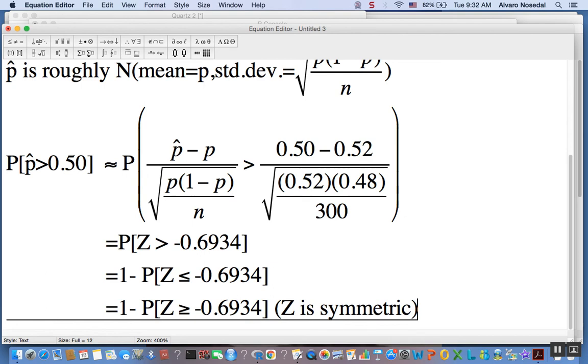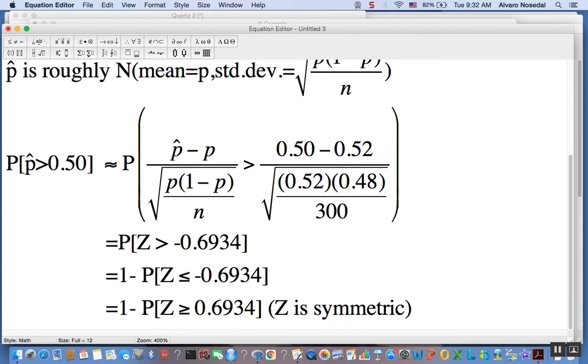Okay, so why did I do that? And this would be the positive version, right? So again, note that this guy is symmetric, so the area to the left of negative 0.69 is the same as the area to the right of positive 0.69, right?